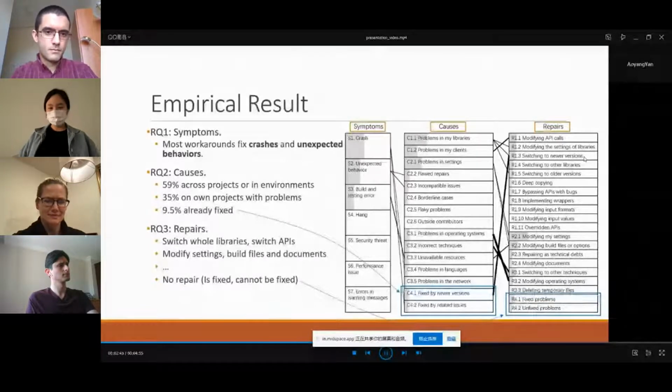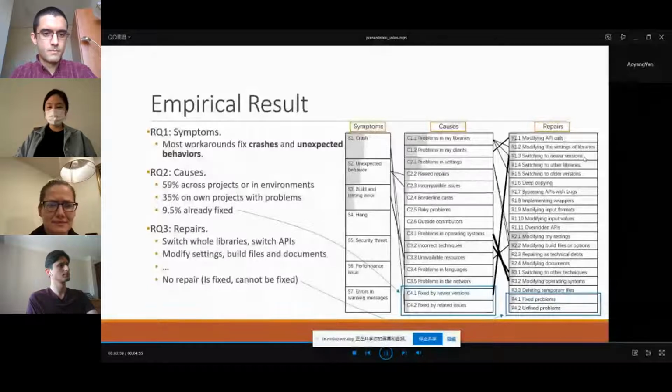About one third of workarounds fix problems in their own projects, but their repairs are imperfect, difficult to reproduce, modifications on non-source code, or solved by outside contributors. In a few cases, a bug report is marked as workaround because its problem is already fixed.